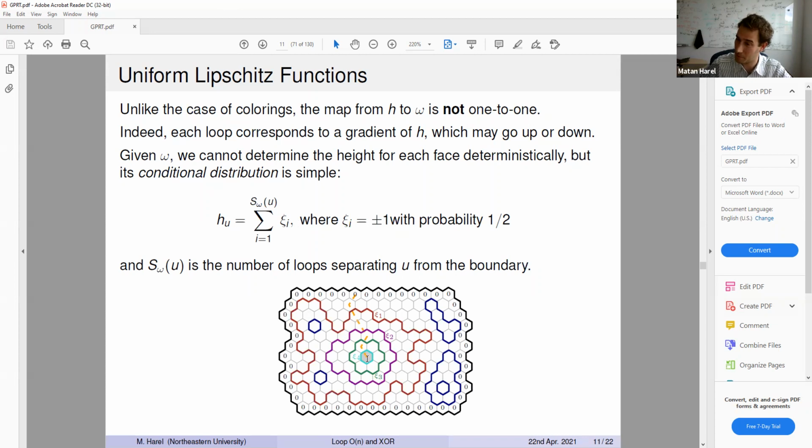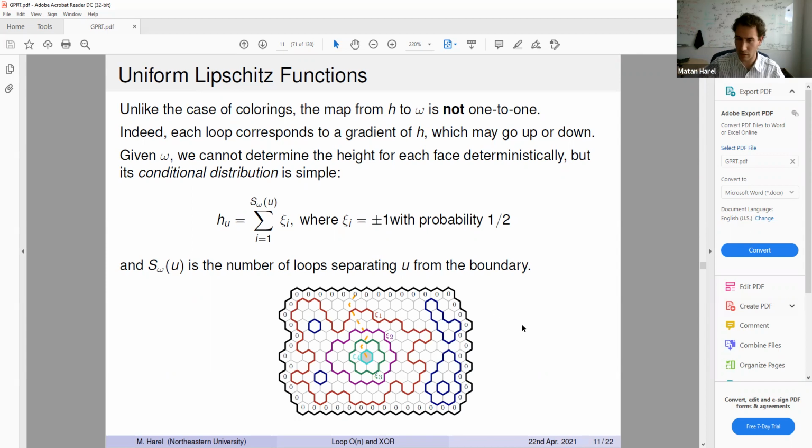So in this case, the probability that this is 4 is exactly 1/2 to the 4th power. The probability that it's 2 is, well, you need 1/2 to the 4th power times the number of ways you can get to 2. So that's 3 ups, 1 down. So that's 4 choose 1 times 1/2 to the 4th power, etc. So you can actually write down the distribution very straightforwardly given omega.